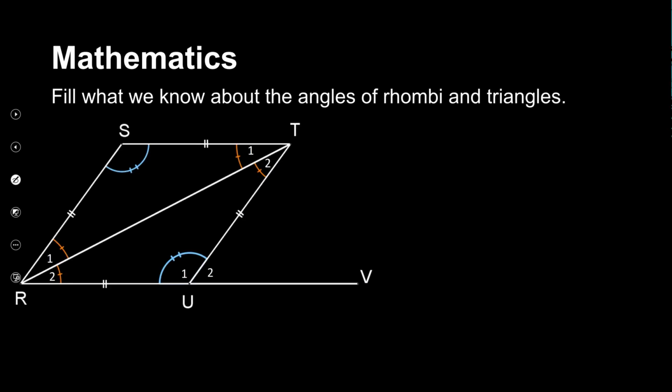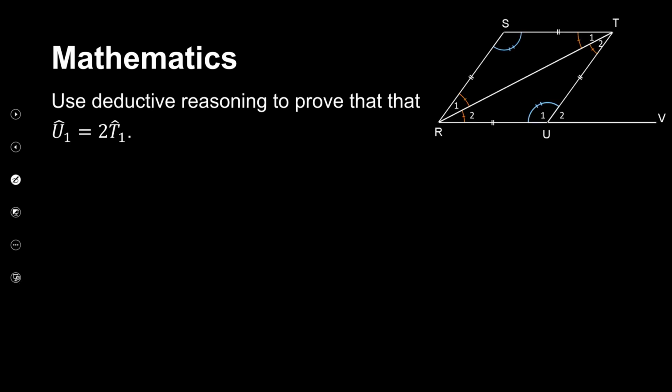That's how the diagram will look because of the properties I know of a rhombus. By the way, we call it rhombi and triangles, because we're looking at it from the point of how many angles there are, which is plural.